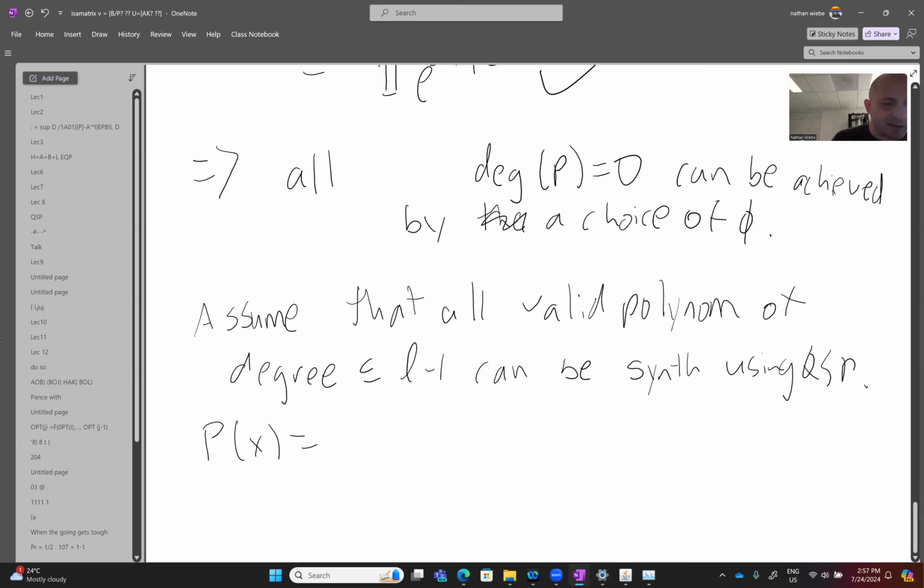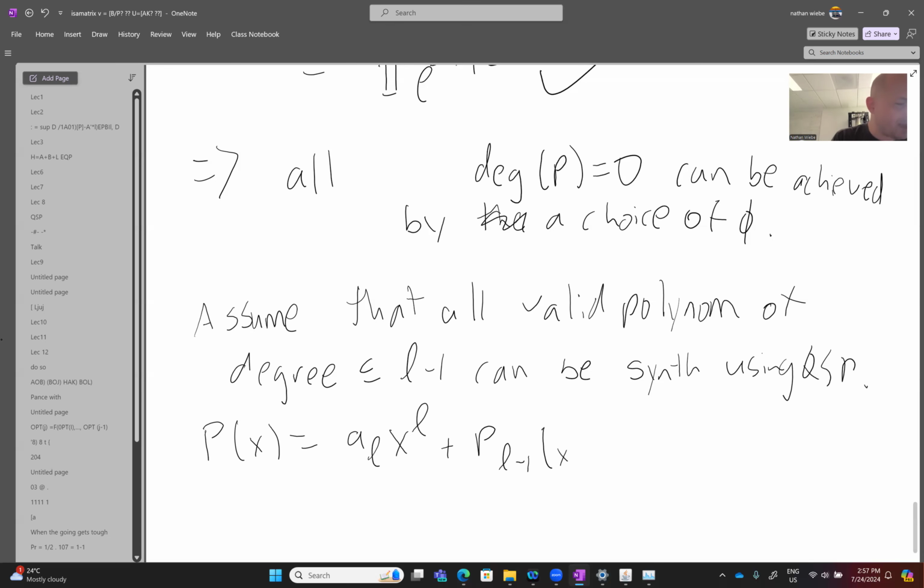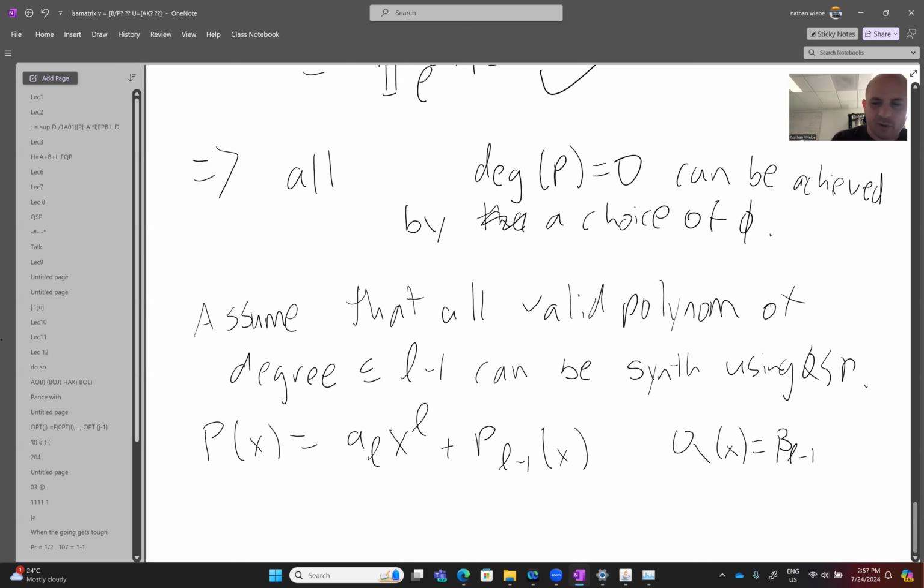We could always write it in terms of just adding an extra term, alpha_L x^L, to a polynomial that we have, P_{L-1} of x over here. And then Q of x, we can always write as beta_{L-1} x to the L minus 1, because it needs to be a valid polynomial, plus Q_{L-1} of x.